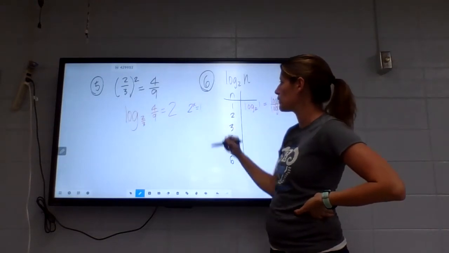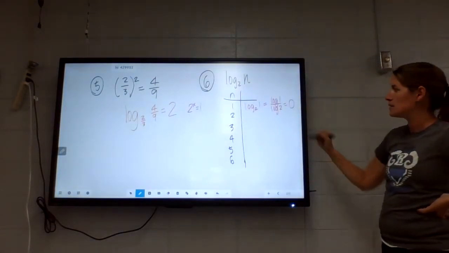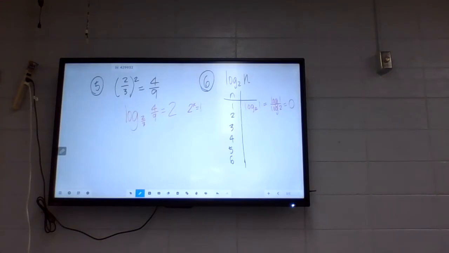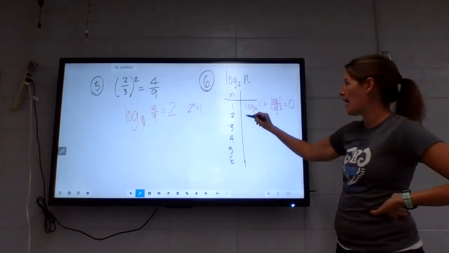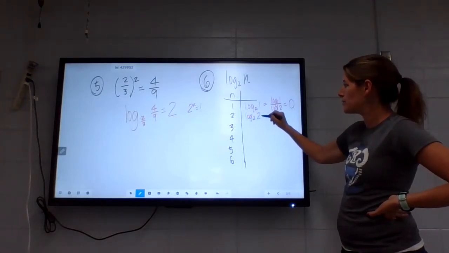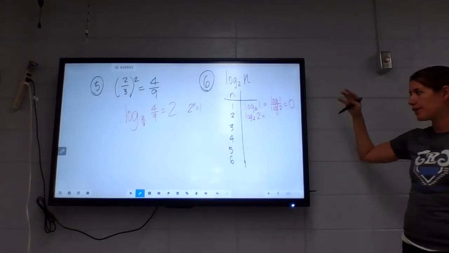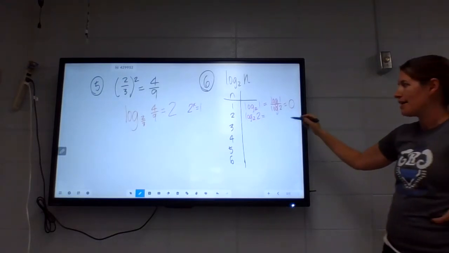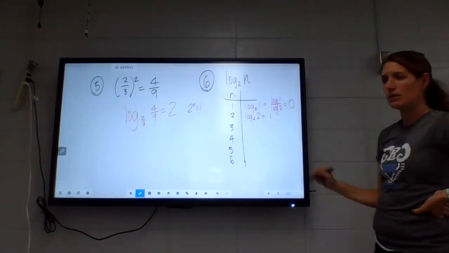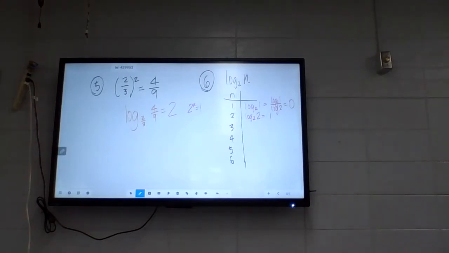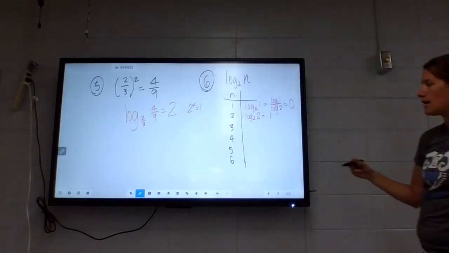It's 2 to the x power equals 1, so it's just going to be 0. Any log of 1 is going to be 0. And you just keep substituting a new value in. Log base 2 of 2. Now again, you could do that in your calculator, log of 2 over log of 2. That just equals 1. That cancels out. So these first couple are pretty easy, I guess I would say.